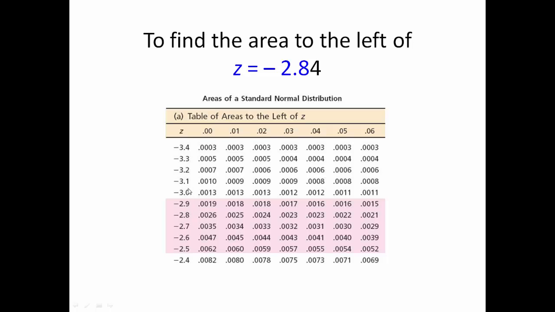And so I find negative 2.8, and there is negative 2.8. Once I find it, I'm going to read across to the value that's in the hundredth position, which is 0.04.